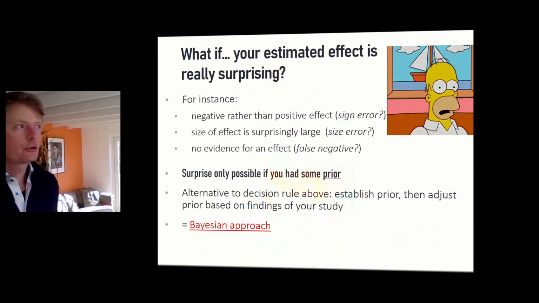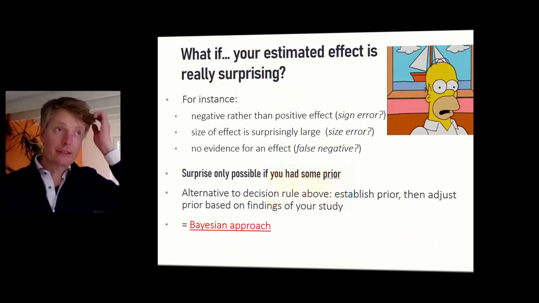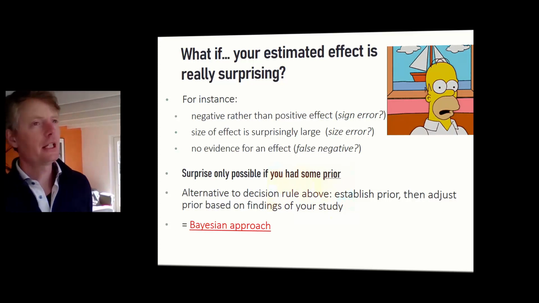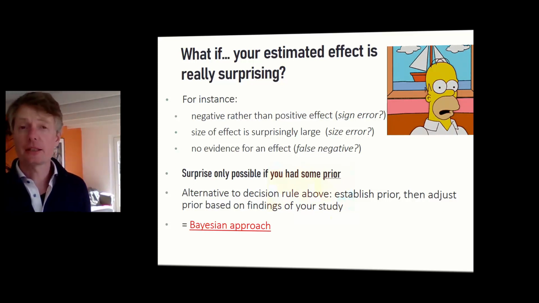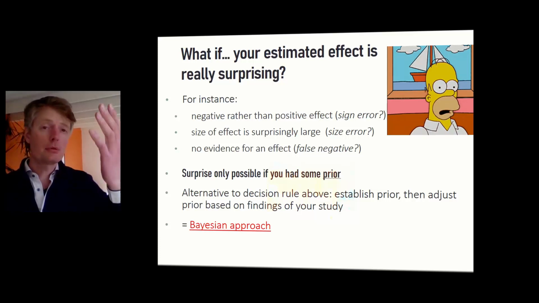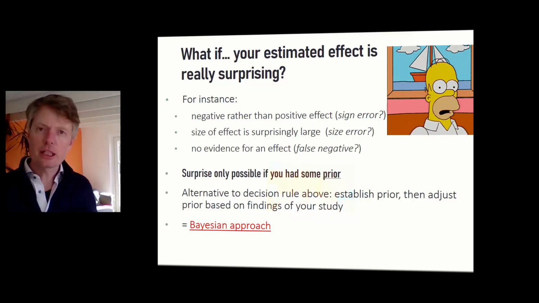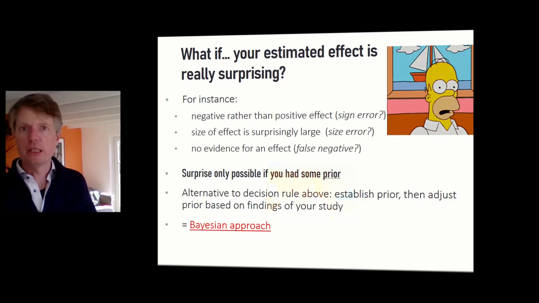Alright, but now back to what can we actually learn from the findings of a study. Say now that your estimated effect is really surprising. So, for example, you get a negative sign rather than a positive sign. You're like, what the hell is going on, right? Could it be a sign error here? Or is this really what is going on?